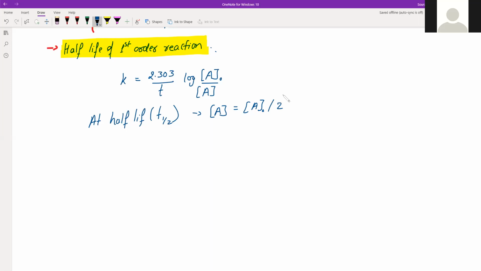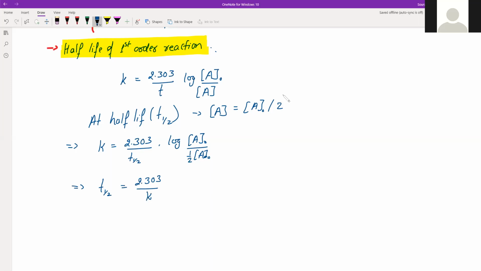So that means K is equal to 2.303 divided by T half into log A naught divided by half of A naught. We simplify it in two ways. First, we take this T half on this side so that we should know what is half-life actually. That is equal to 2.303 divided by K.